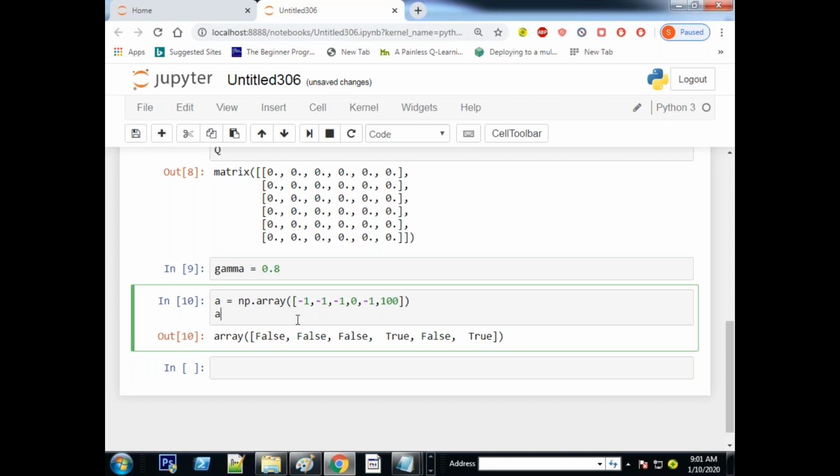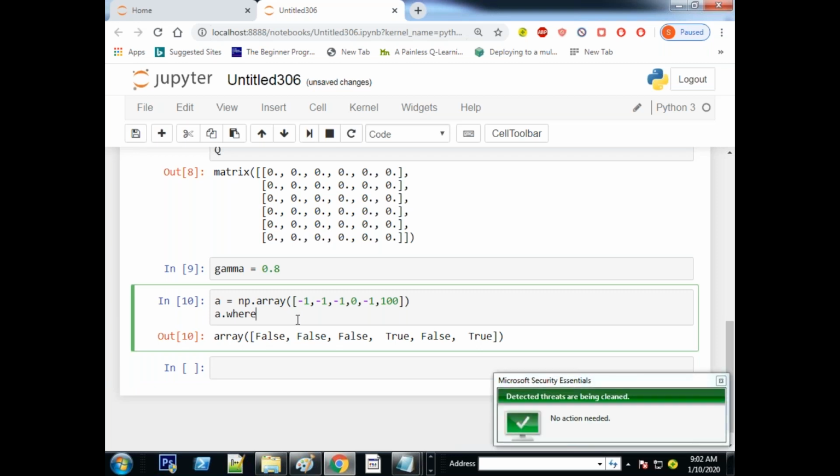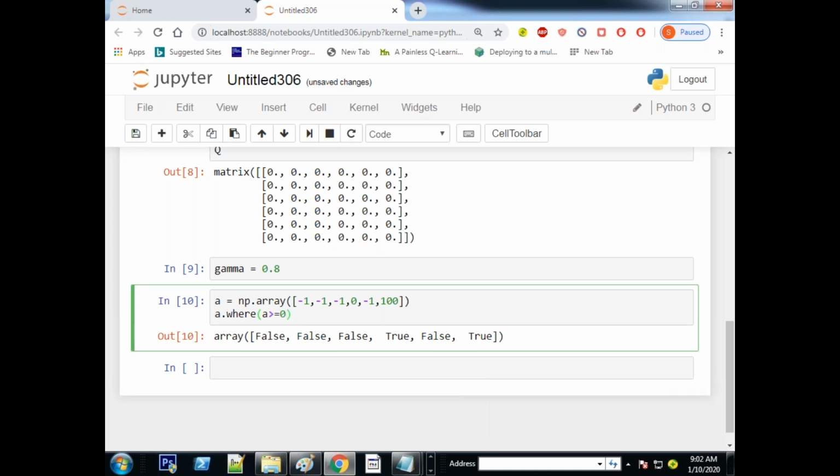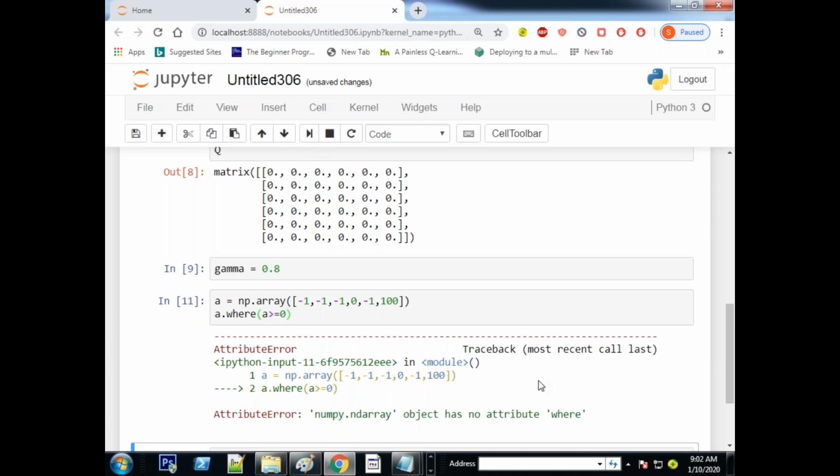But np.where of A greater than or equal to 0, now it returns index numbers. Error: ndarray has no object called np.array. It should be NumPy, np.where.